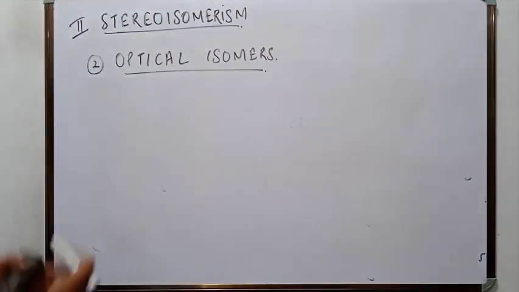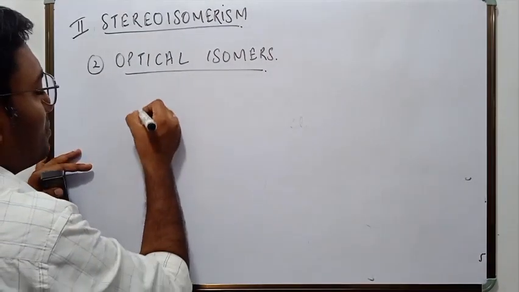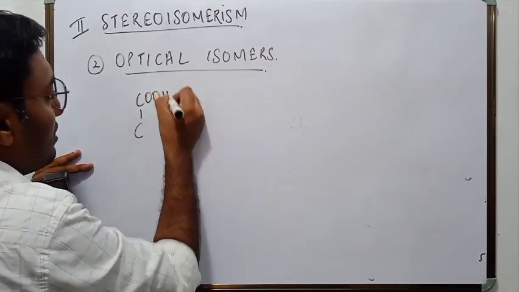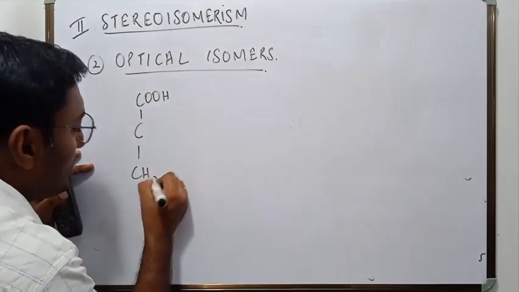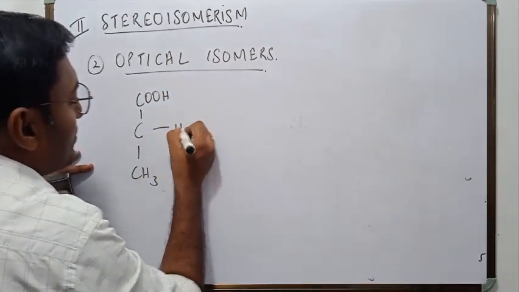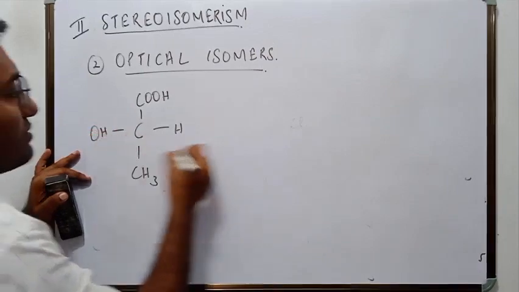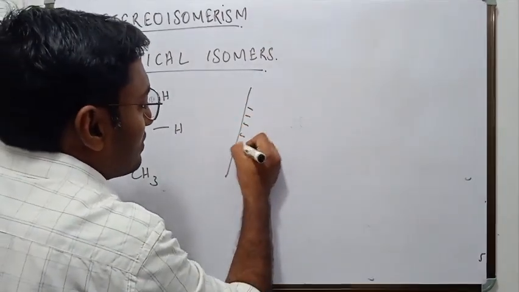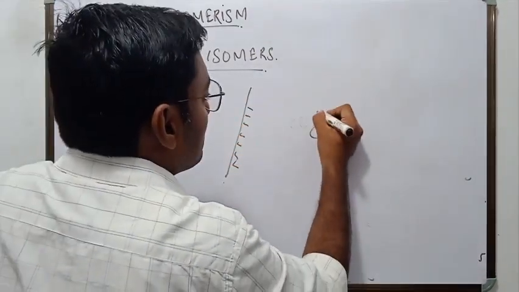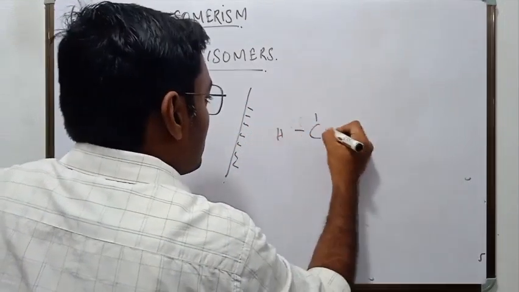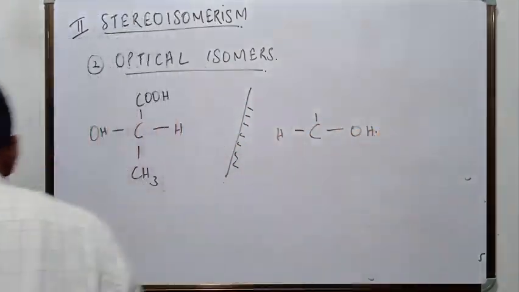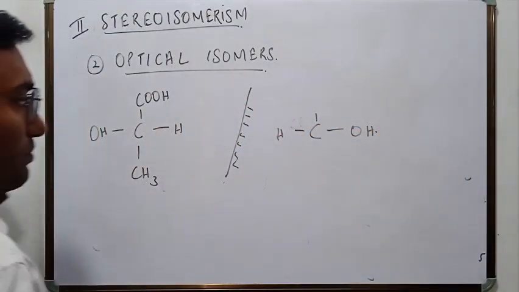Let me first write the example to make you understand this. This is lactic acid and its mirror image. Let me use a better marker.